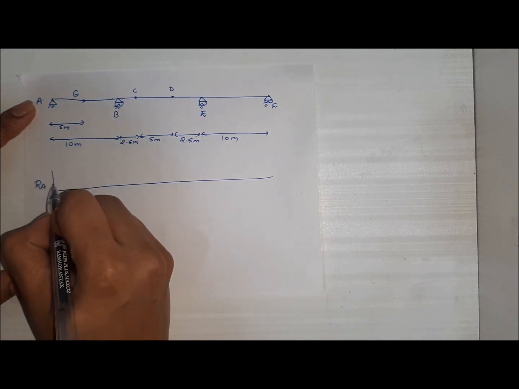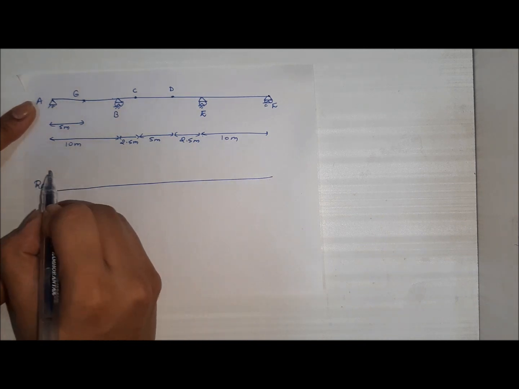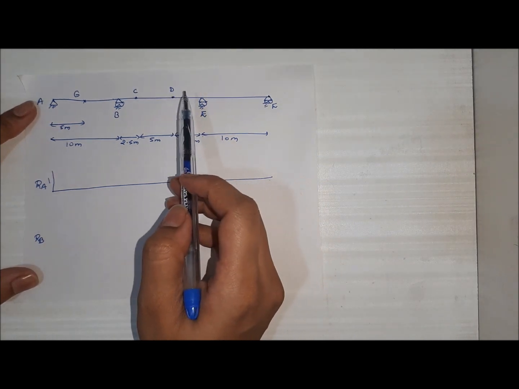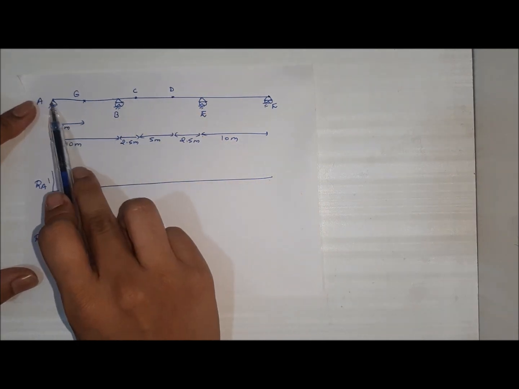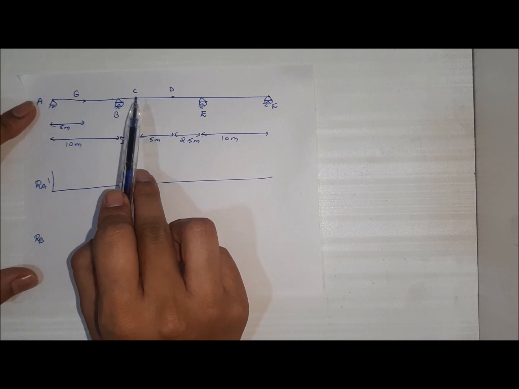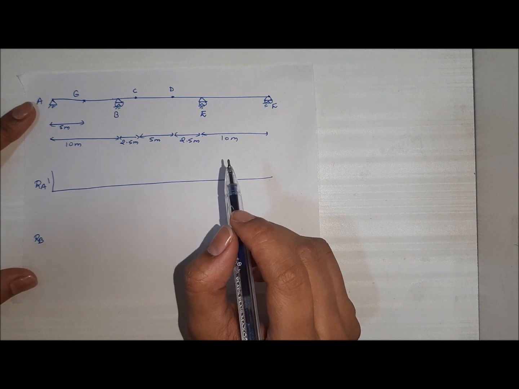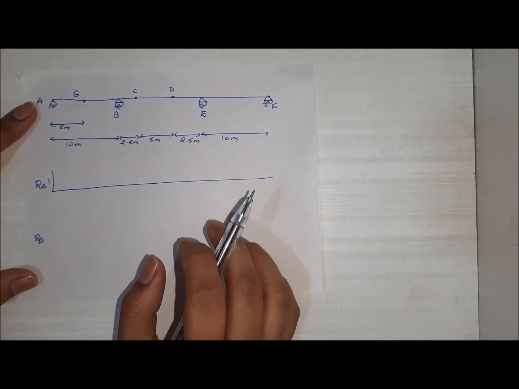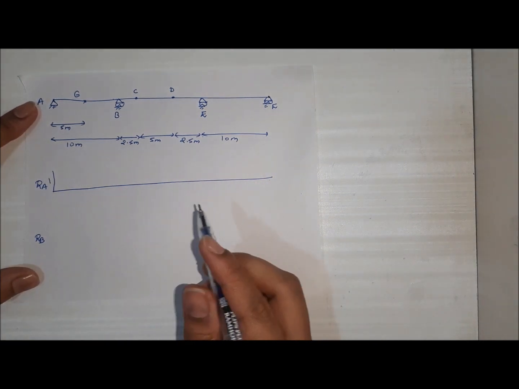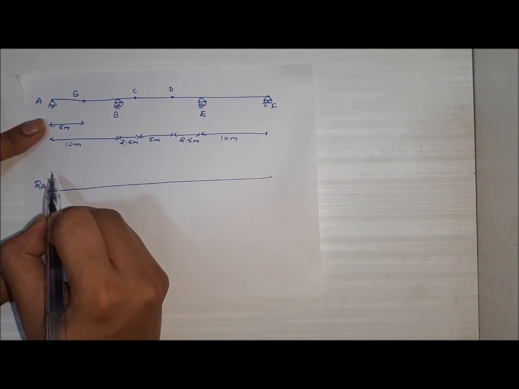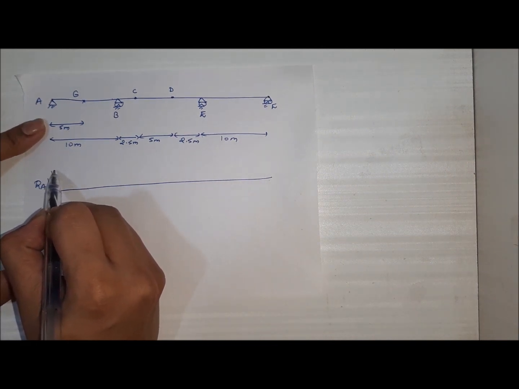Simply we will lift the end A with unit dimension. Now as internal hinges are provided, it means movement won't be transferred further. So ABC remains one portion, CD another and DEF one portion. It will always be straight until and unless a shear is provided in between them. So for plotting the ILD for RA, we will lift the end A with the ordinate of unit dimension.